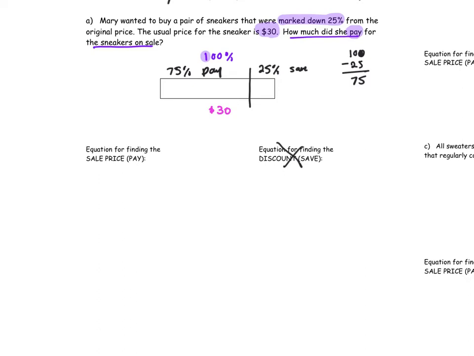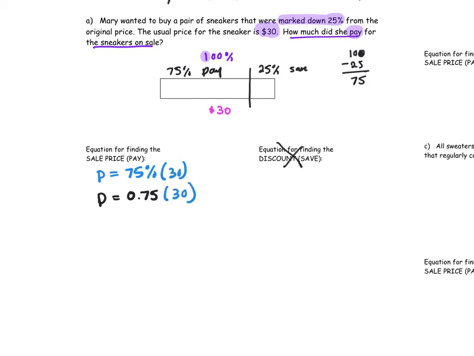And the question they ask us is how much will we pay? So we're going to use the equation part equals 75% because that's the pay percent times 30. We're going to scoop the decimal 2 places to the left, or better yet, divide 75 by 100 to get the exact amount and make sure we understand it.